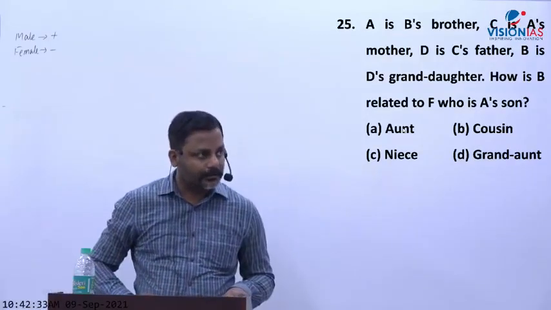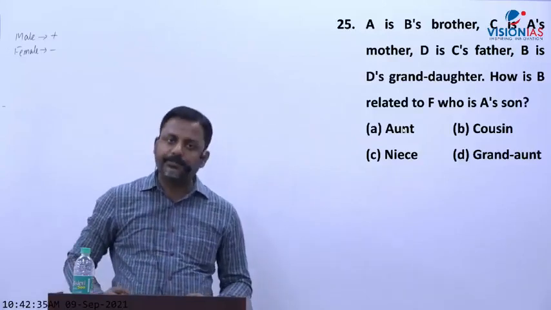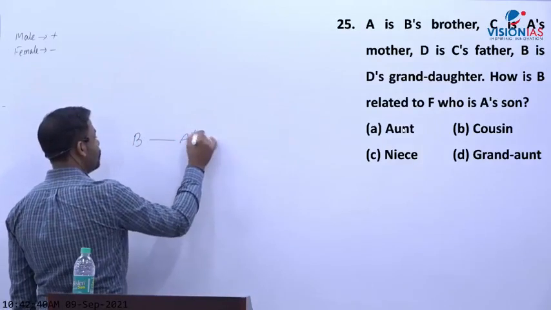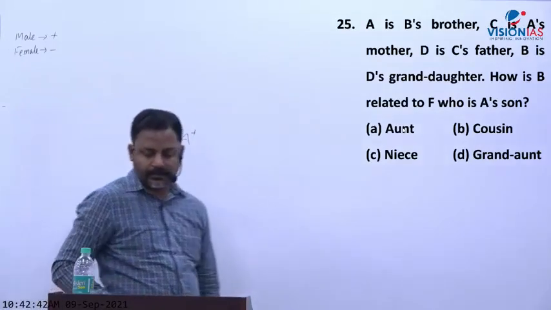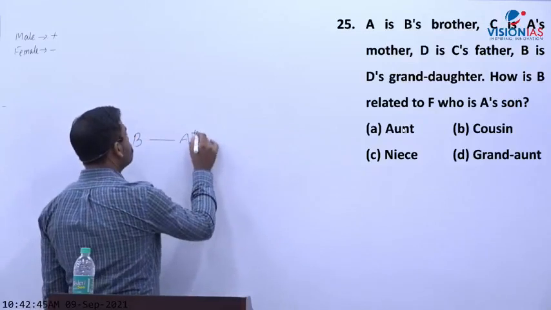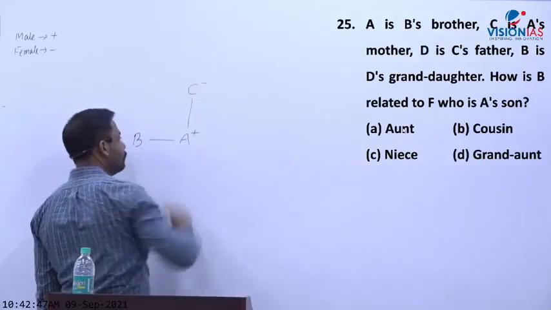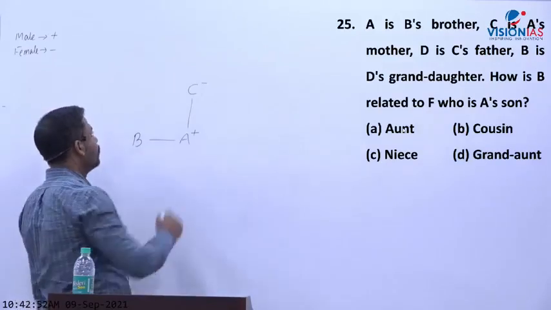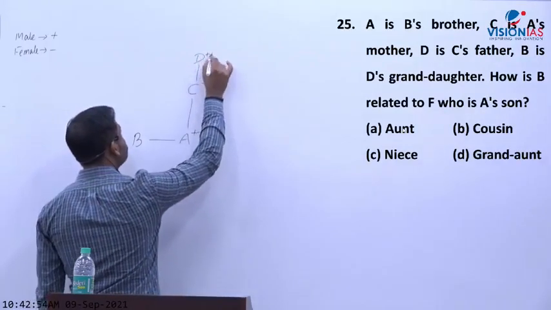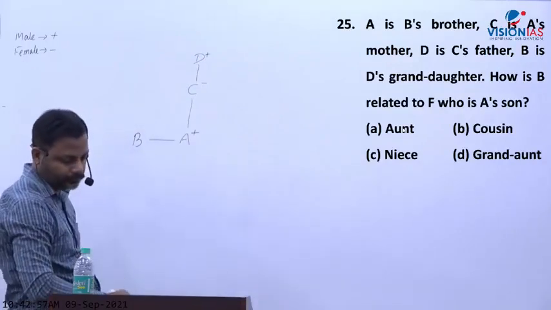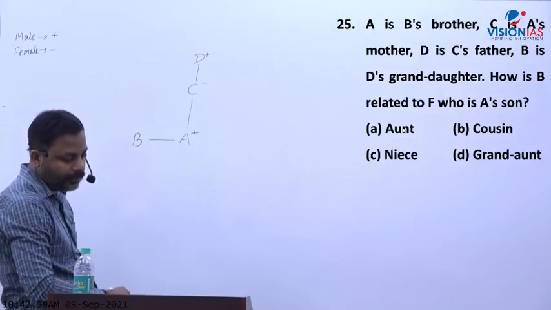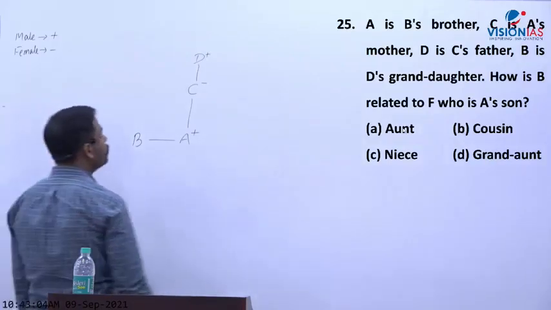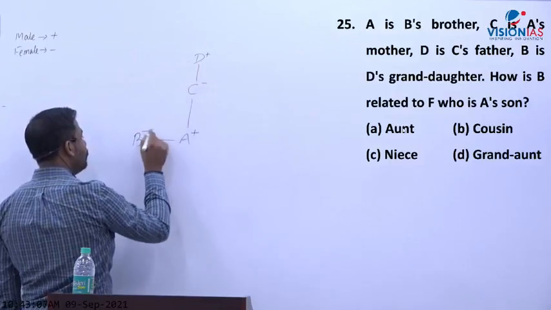So the answer is option A. Okay. So A is B's brother. C is A's mother. D is C's father. Okay. B is D's granddaughter. So D's granddaughter is B.